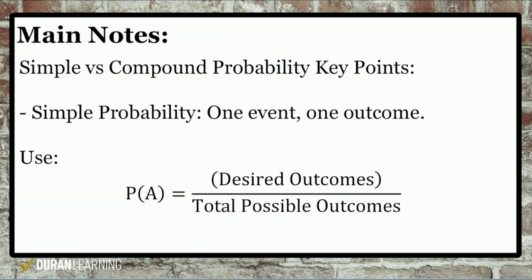For example, if we're rolling a 6-sided dice and trying to figure out the probability of landing on a 3, we desire one outcome, the number 3. Since there are 6 total numbers that we could roll, we divide by 6. So it would be 1 over 6.